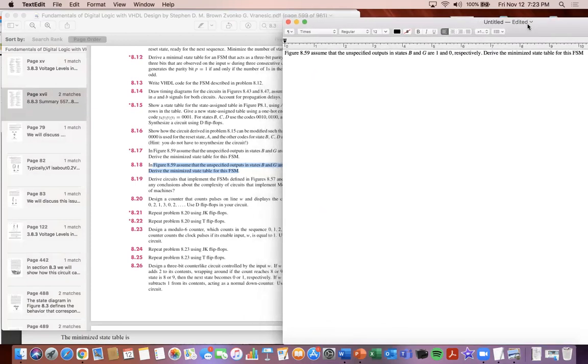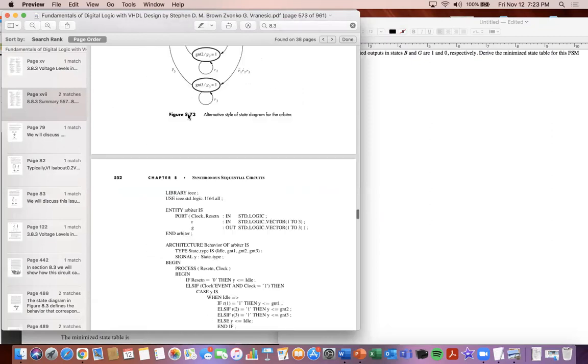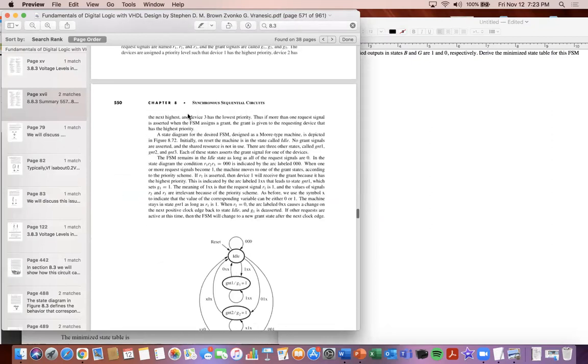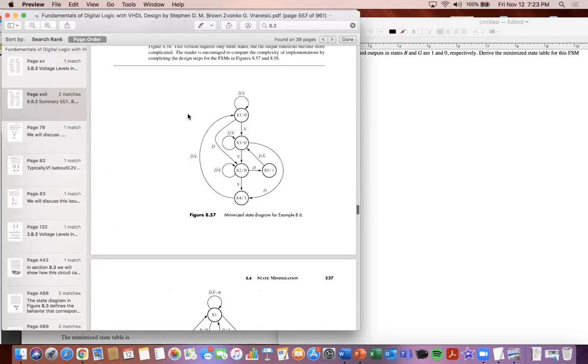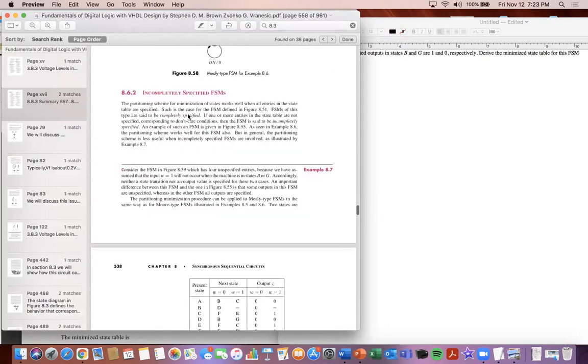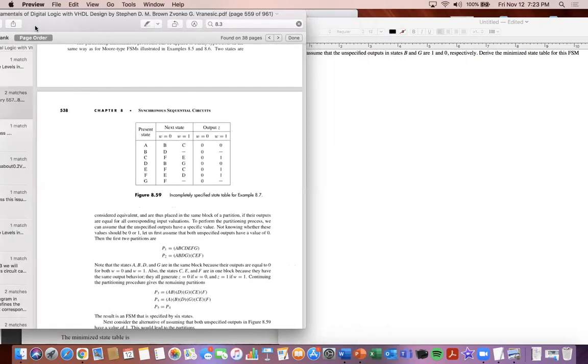So let's go to 8.59. Here it is. So here is our state output table. And with partitioning, Dr. Koo had a specific method that he wants to make sure we follow.